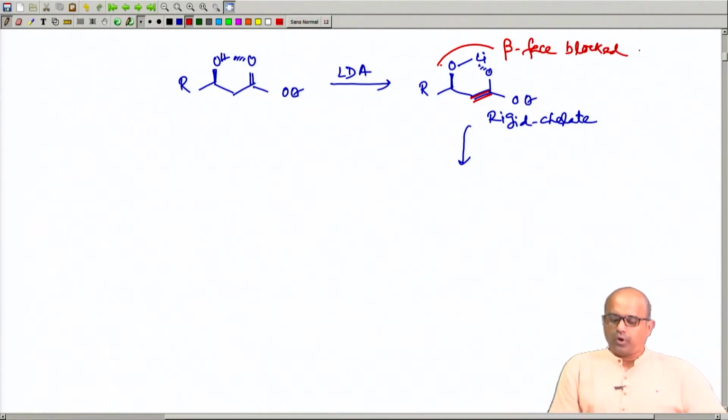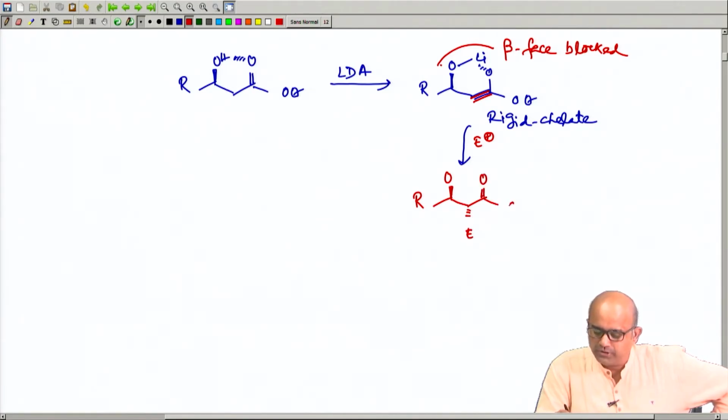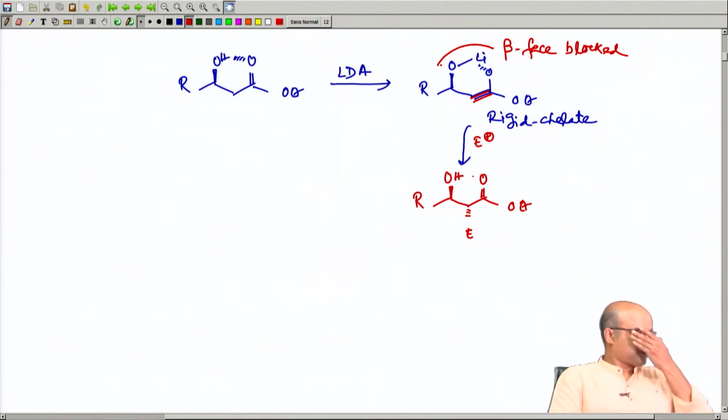As the beta face is blocked, you will find that the alpha face is the only accessible face, and now you react with the electrophile, and the electrophile will simply approach from the opposite face of the enolate, and you will get this one as a major product.